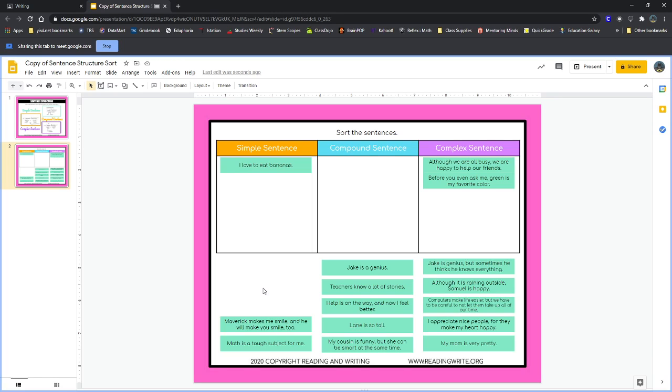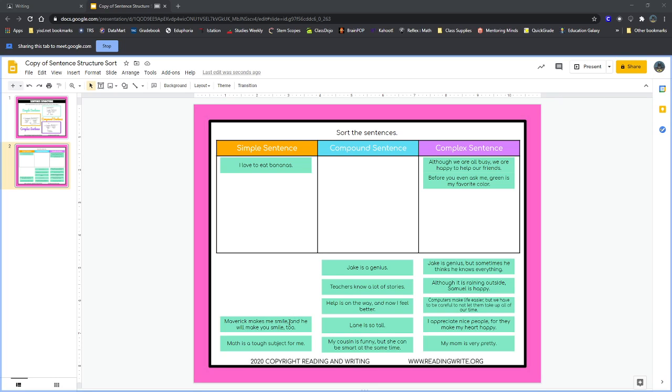Okay. Maverick makes me smile, and he will make you smile too. Should that be a simple sentence, a compound sentence, or a complex sentence? Noah, what do you think? Simple, compound, or complex? This one is not a complex sentence. It's better than a simple sentence, but it's not a complex sentence. This one would be a compound sentence.